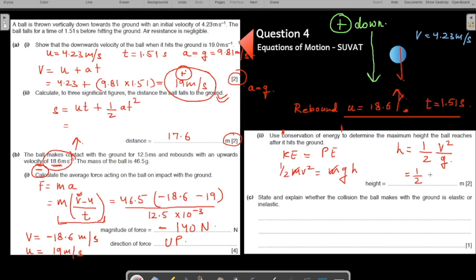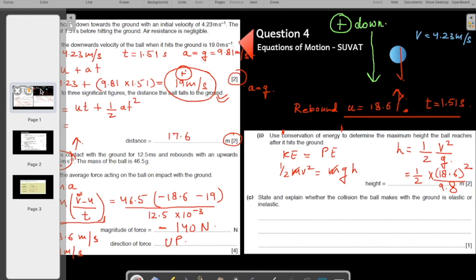Half, 18.6 squared over 9.8. Solve it in your calculators. This will give you the height. And what should be the answer? Pause the screen for a moment here. Work it out on your calculators and see if you're getting the answer correctly.